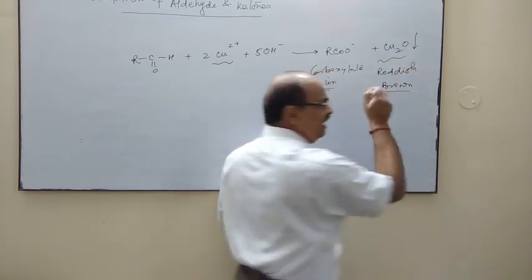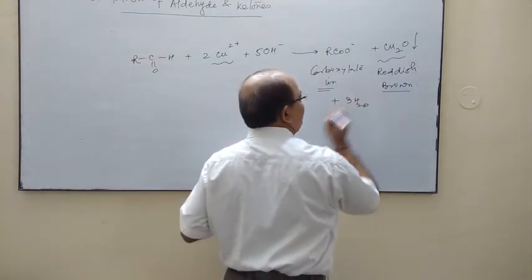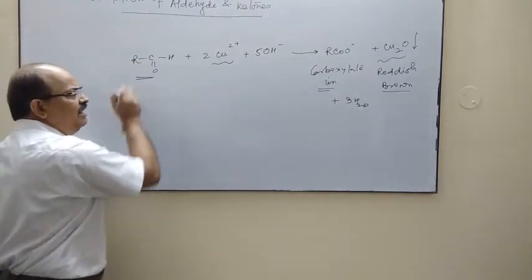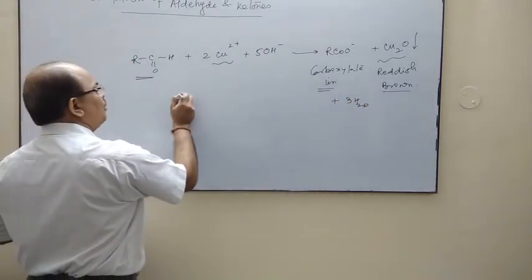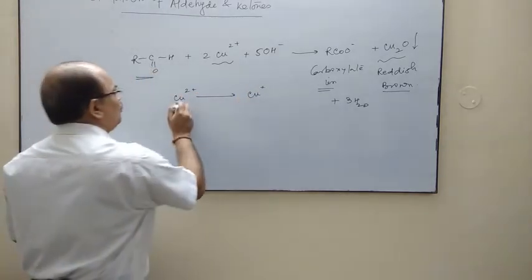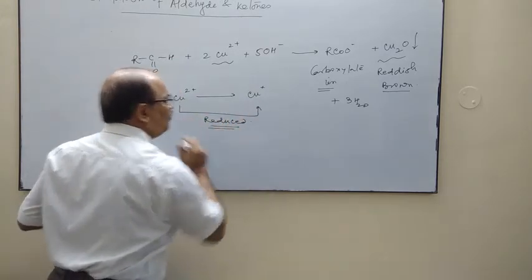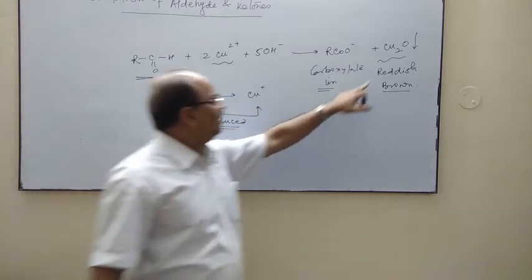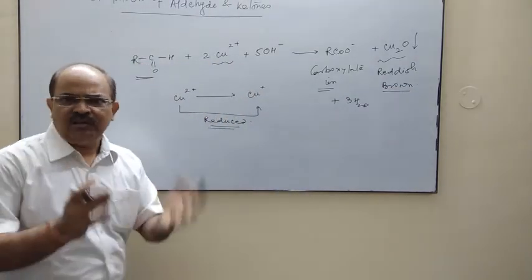So in this case your aldehyde is oxidized to carboxylate ion, however your Cu2+ gets reduced to Cu+. You know Cu2+ is blue in color, while this cuprous oxide is a reddish brown precipitate.